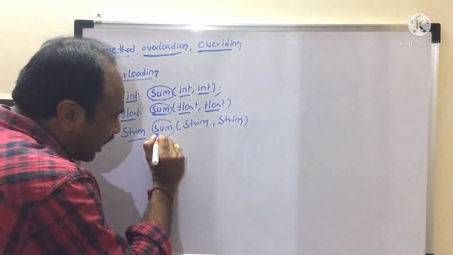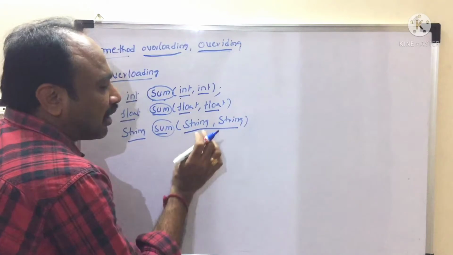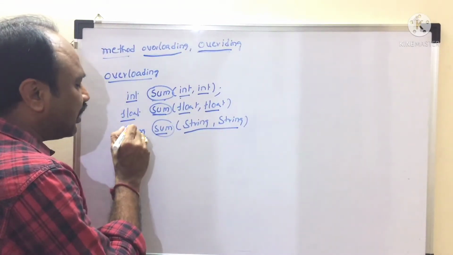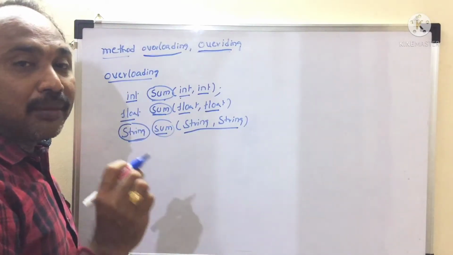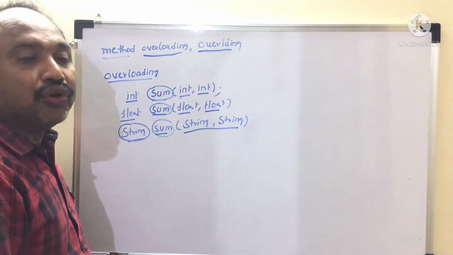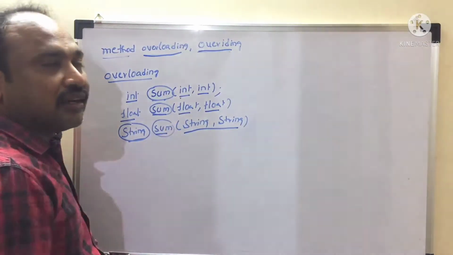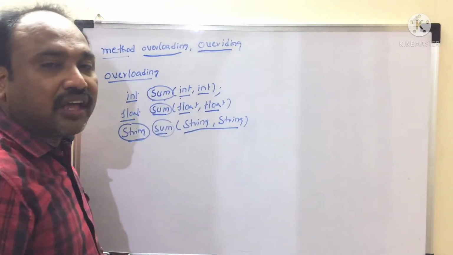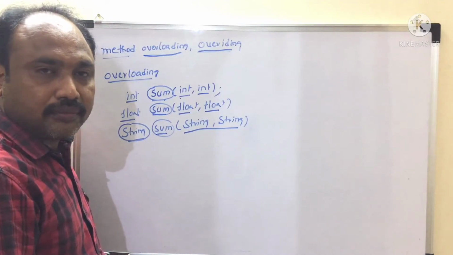The same sum method is going to use two string parameters, add these two strings and return the result as a string. In this example, the method sum is used to perform multiple tasks. Hence, the method sum is overloaded. This concept is referred to as method overloading.